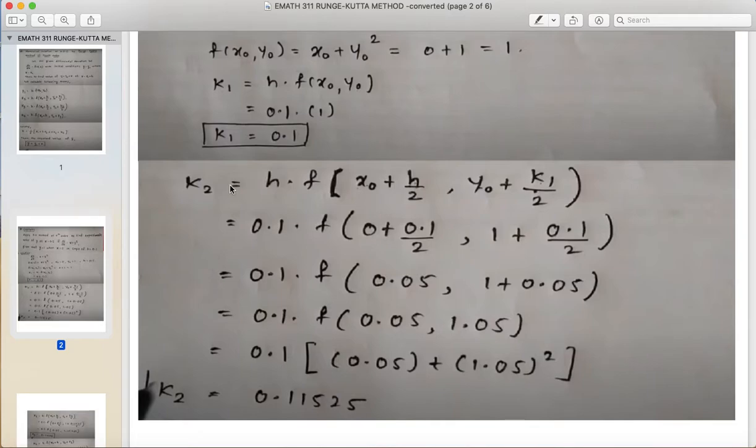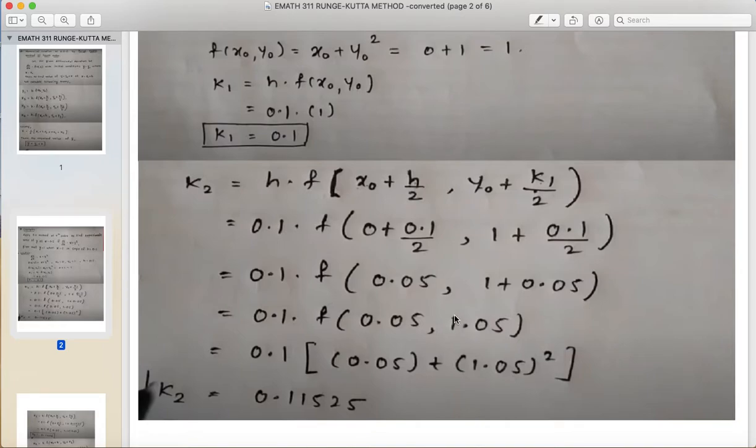We have the formula k2 is equal to h times f of x naught plus h over 2, and y naught plus k1 over 2. So simply we input the details: our h is 0.1, x naught is 0, h over 2 is 0.1 over 2, and y naught is 1 plus 0.1 over 2.